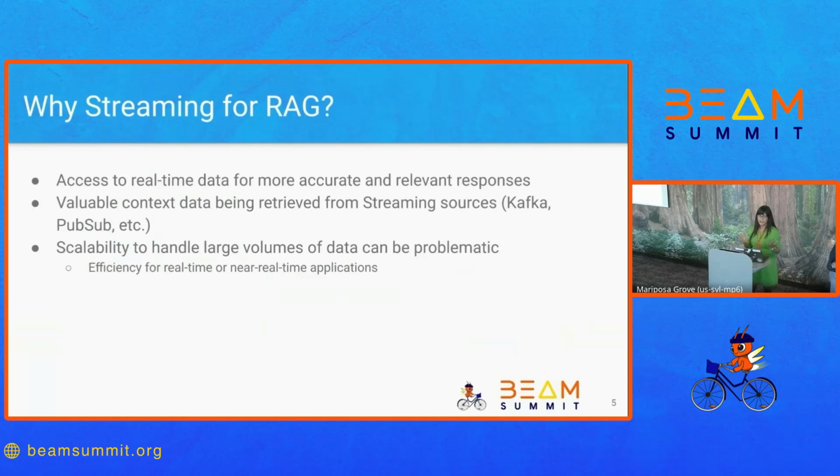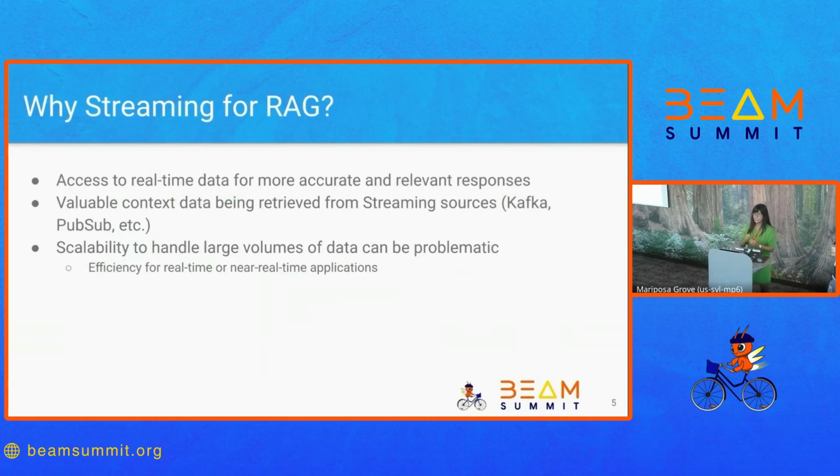All right, so why are we using streaming for RAG? Events occur in real time, news changes in real time, and our documents are being updated in real time. So we need to enrich the model in a real-time fashion. Traditional RAG pipelines often rely on pre-processed data and pre-processed indexes, which can become outdated very frequently.